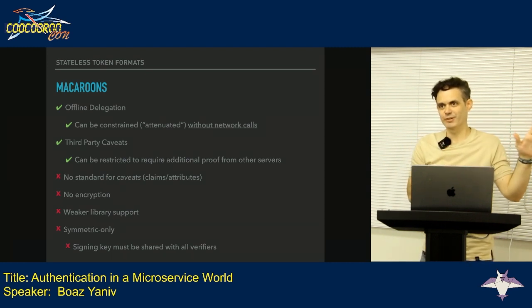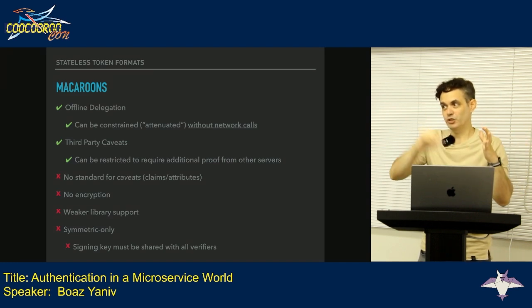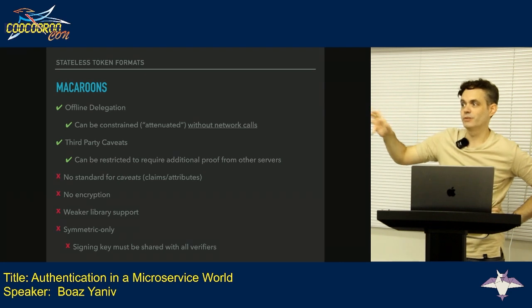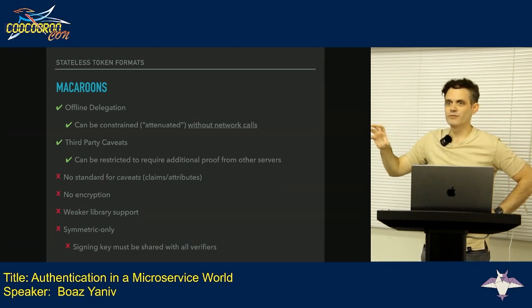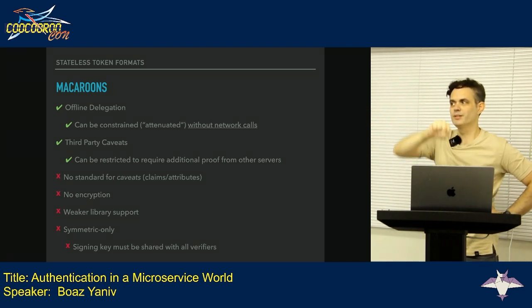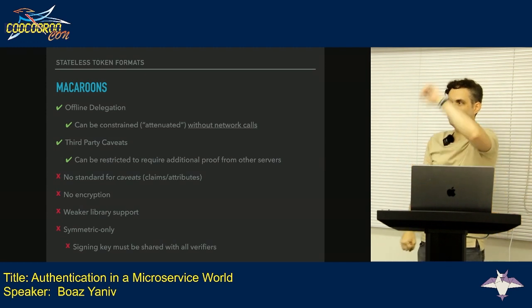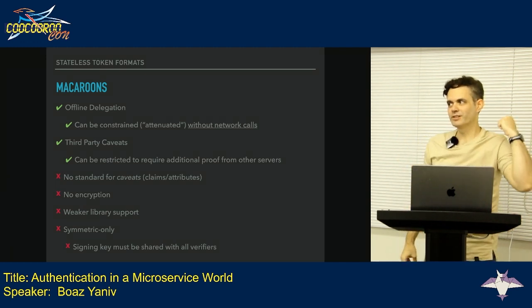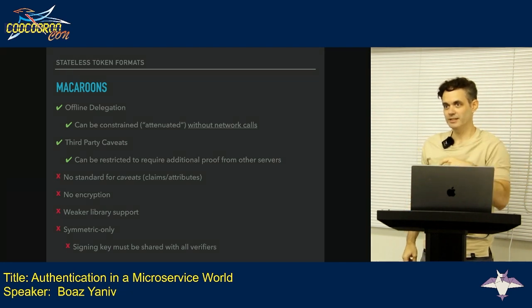Basically, the idea is very simple. You're just using a chain of hashes, and the last hash or HMAC signature serves as the key that you're using to add the next caveat, and then you remove it from the macaroon, and only the original server can verify the entire chain of caveats.